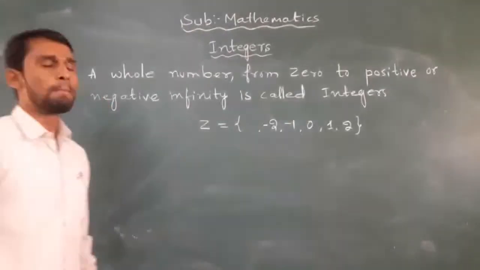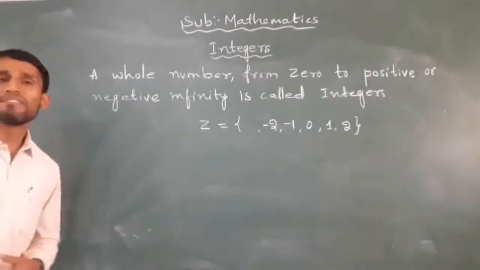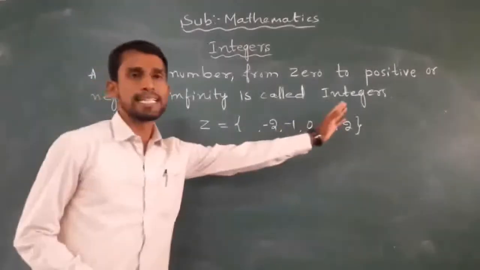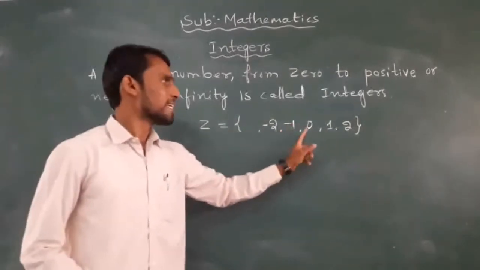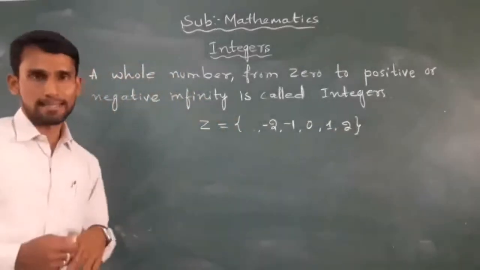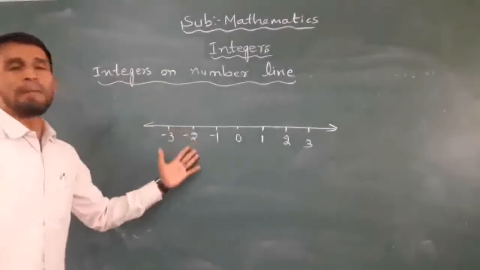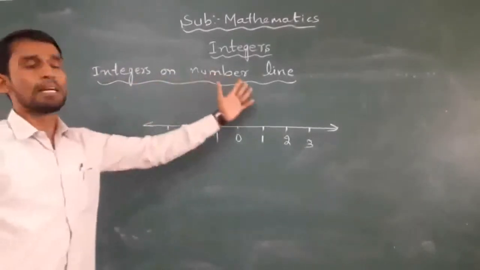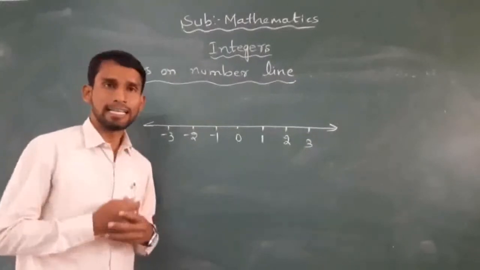Integers: a whole number from 0 to positive or negative infinity is called an integer. Example, Z equals -2, -1, 0, 1, 2. These are the integers. See, this is the number line. How can we represent integers on the number line?